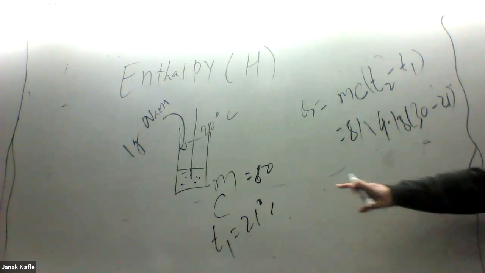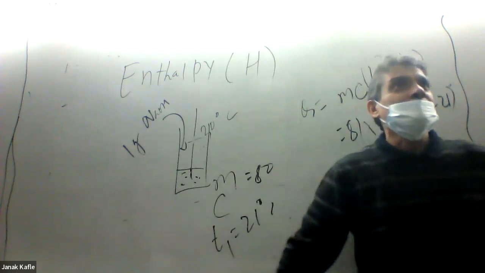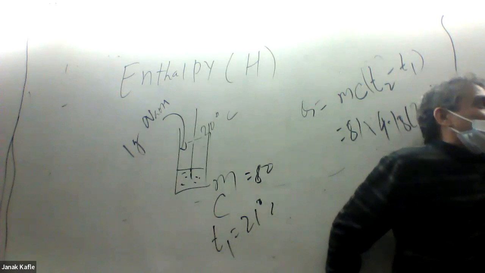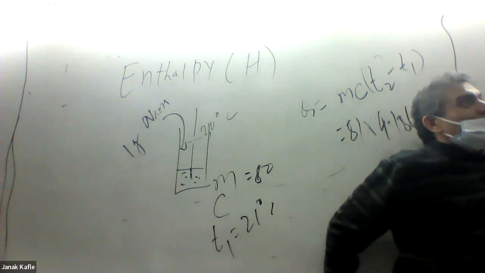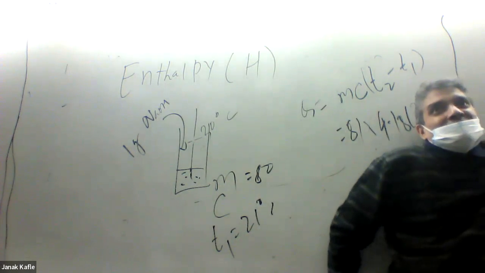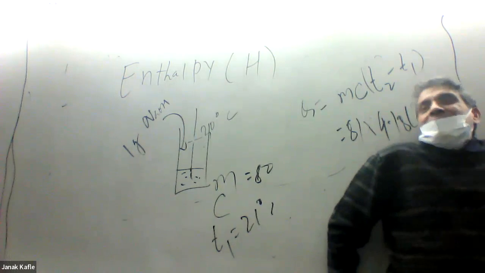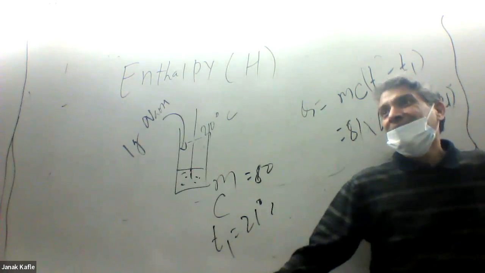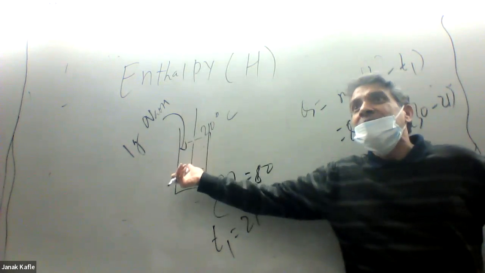Why? Because I'm doing the experiment in an open beaker. If you got that? If I do the experiment in an open beaker, and I measure the heat change, Q = mC(T2 - T1), although I'm measuring heat, I can call that heat an enthalpy because I did that experiment in the open beaker.